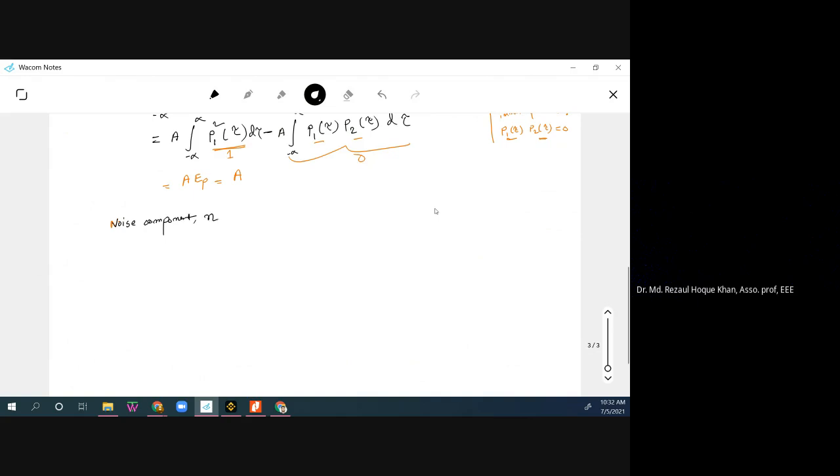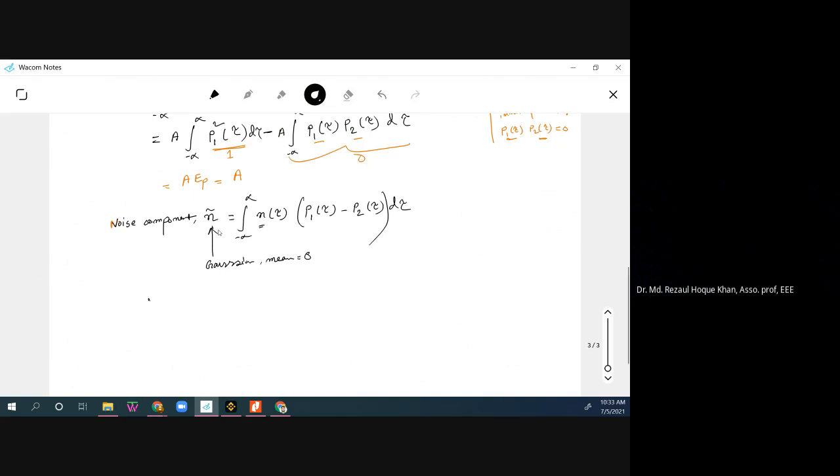Now give it a name, n tilde. The noise component is the integral from minus infinity to plus infinity of n(tau) times p1(tau) minus p2(tau) d tau. We dealt with this noise earlier. It is Gaussian, so this will also be Gaussian with mean 0. We don't know the variance yet, but at least we know the mean.